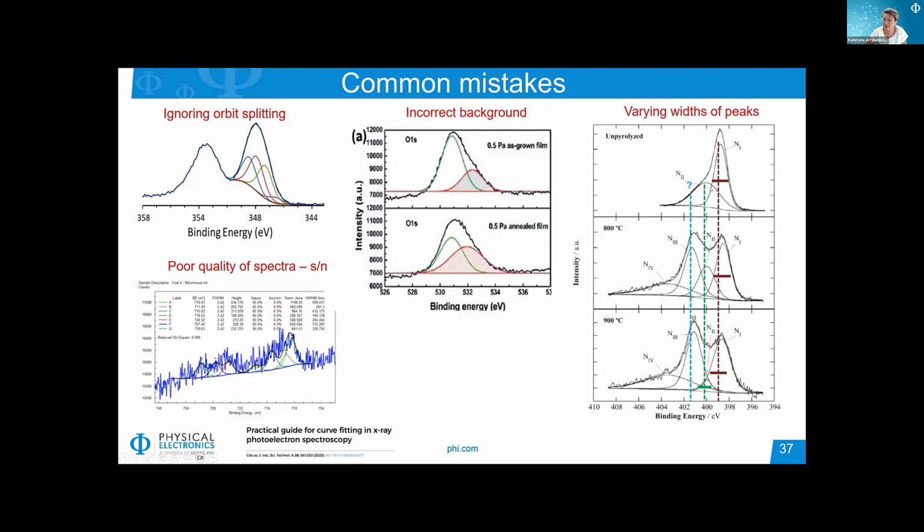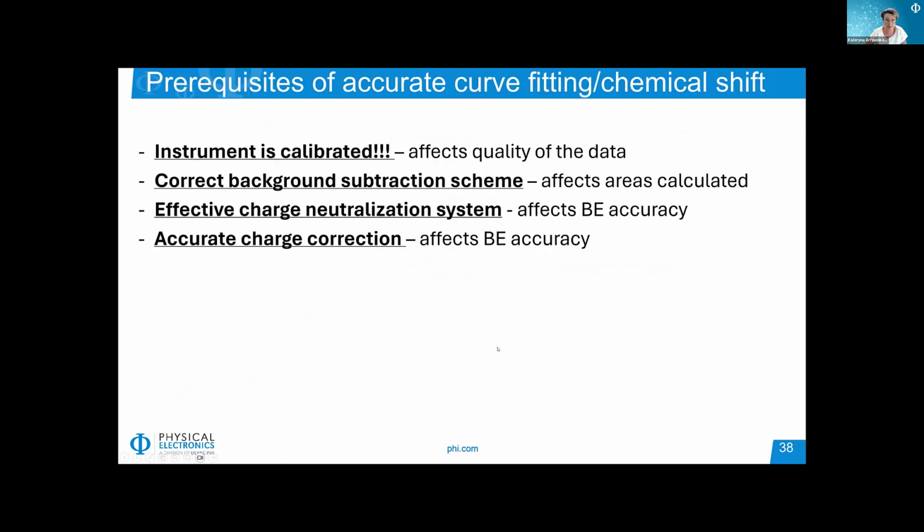So we have a peak at exactly the same energy in the unpyrolyzed hair sample, and for some reason at 900 degrees, it's now 3 times more narrow. There are no physical processes that would allow us to explain this phenomenon. So this is another quite common mistake.